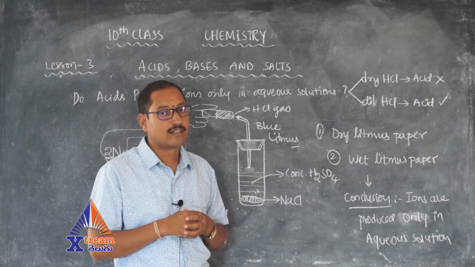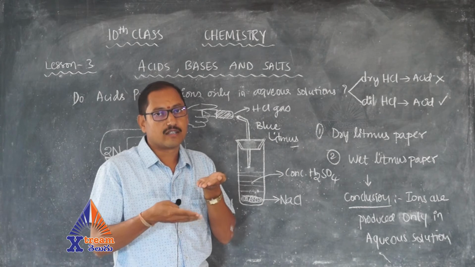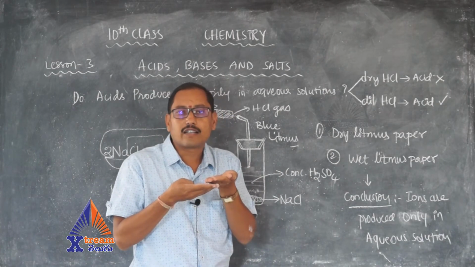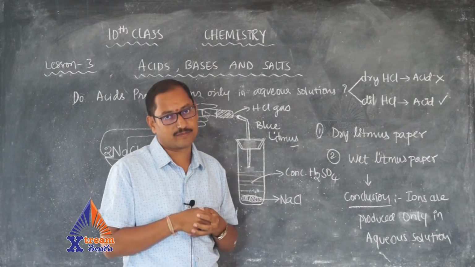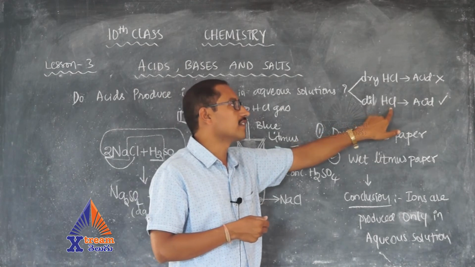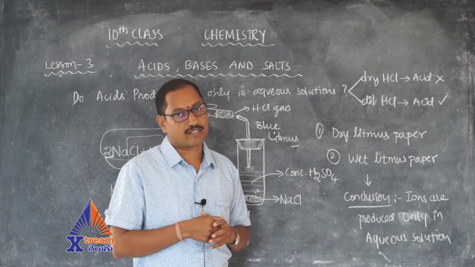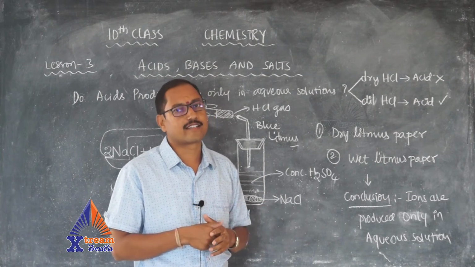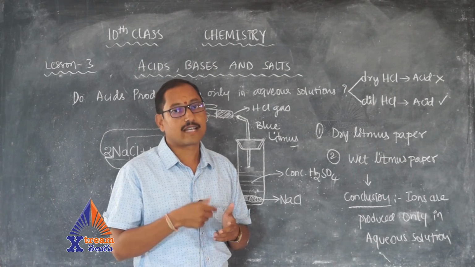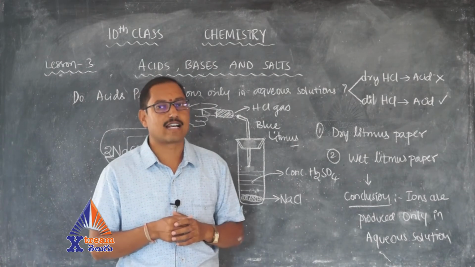But when a wet litmus paper is kept in front of dry HCl gas, then the wetness is absorbed by the HCl and it will become dilute HCl. Dilute HCl will give you acidic nature, or else concentrated HCl also, if it is present in solution form, that is aqueous form, then only it will act as acid, otherwise it will not act as acid.